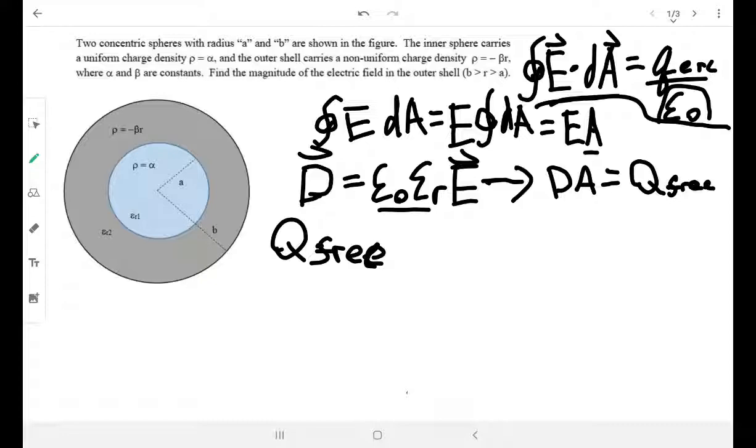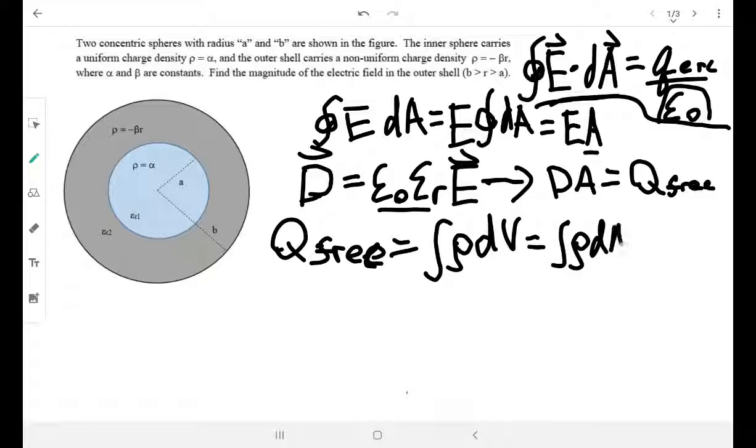So we're going to need to take a volume integral for this. So we need to say that the volume integral of rho times dV. Now we can simplify this even further by breaking up my volume integral to dA and dr. Now dA is similar to what we did for our Gaussian surface.